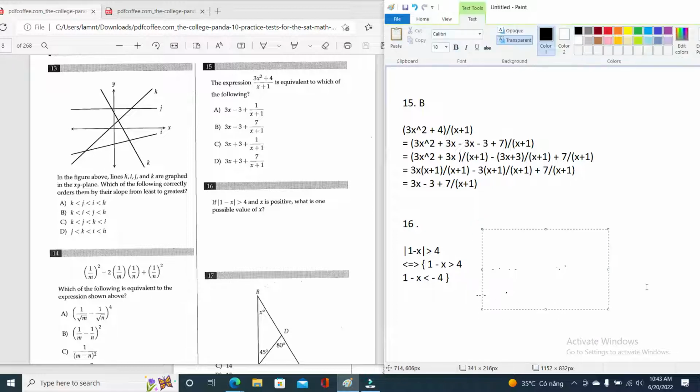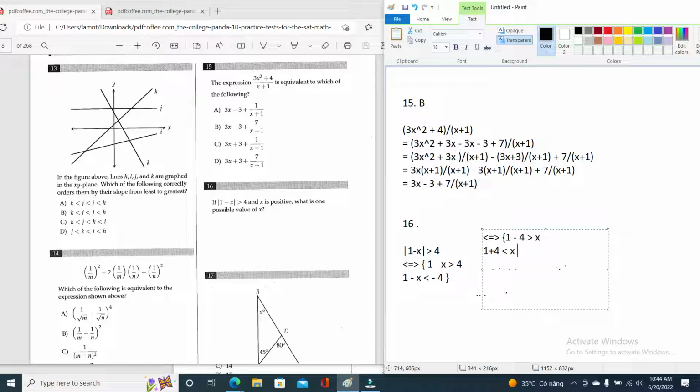So this means that 1 minus 4 is equal to x, and down here 1 plus 4 is smaller than x.